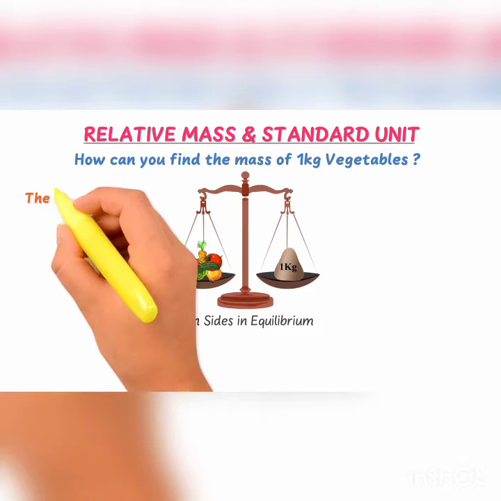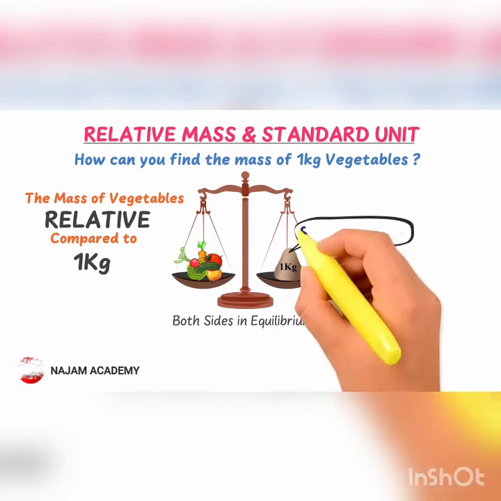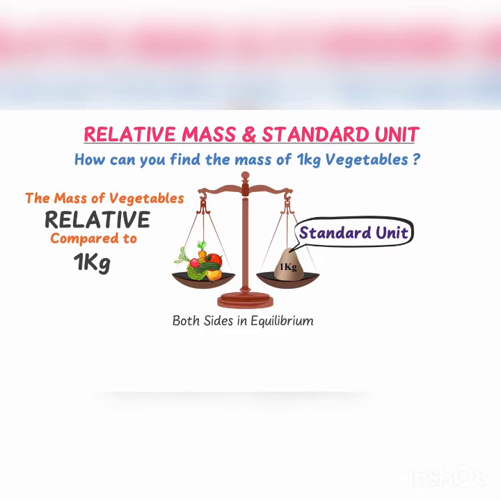Here, the mass of the vegetables is relative because it is compared to the 1 kilogram steel weight. Here the 1 kg weight is the standard unit. It is used to measure the mass of different things. So here the mass of vegetable is relative and the 1 kg weight is the standard unit.